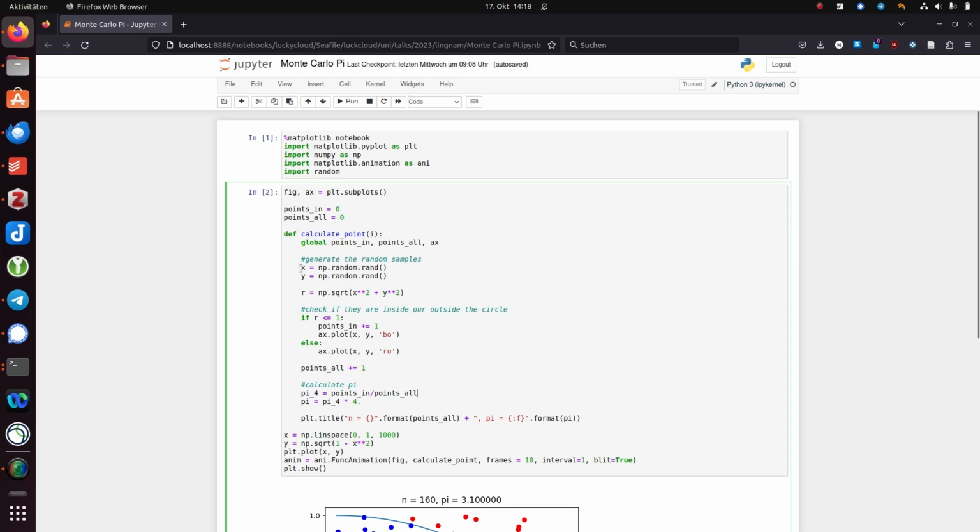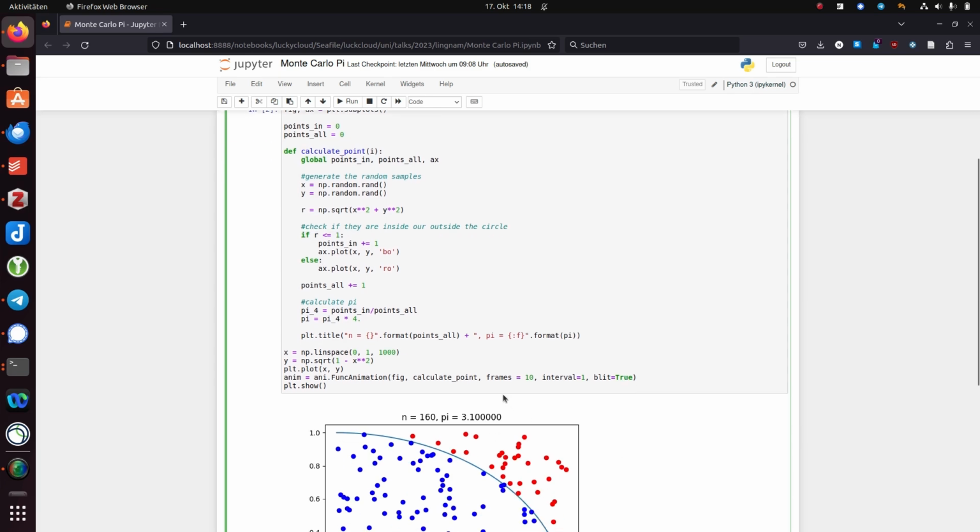It just uses the regular Python random number generation method, generates the x and the y coordinate by that, then calculates the radius, and then just checks in this if-else clause if the radius is less than or equal to 1, or if it's above, so if it's inside or outside the circle.